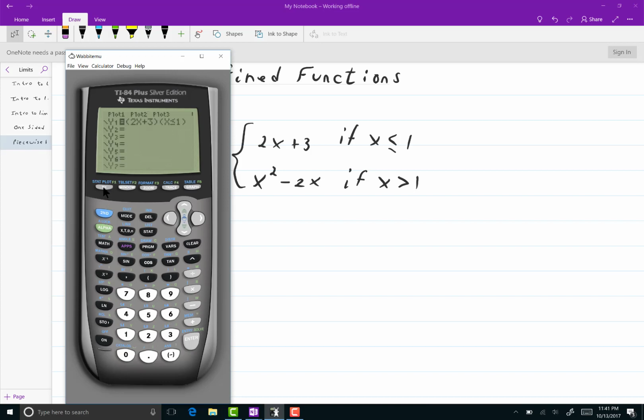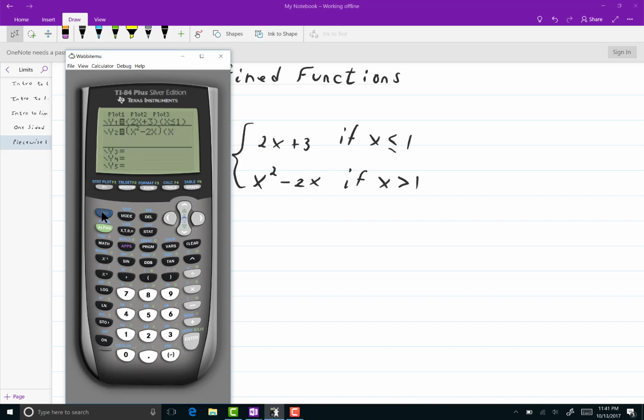Now I can put the other piece in there in y2, but this time I'm going to attach the x greater than 1 to it. So let me put in parentheses my x squared minus 2x, end the parenthesis, start a new parenthesis, and in there put x greater than 1.